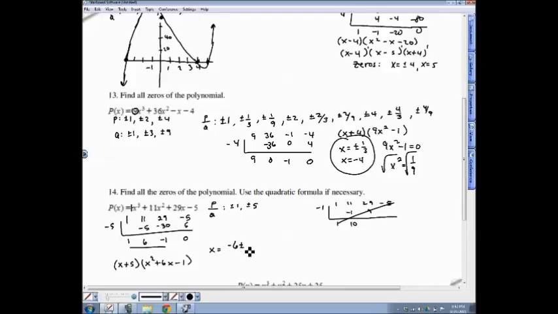X equals the opposite of b, plus or minus the square root of b squared minus 4 times a times c, all over 2a. 36 minus -4, that's going to be 40.